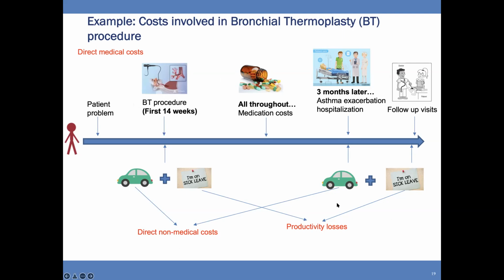As a result, you don't need to go back to hospital often because you don't have exacerbation often. So that's a huge benefit, and you need to take that into account. So this is one example of estimating the cost, where I show you direct medical costs, direct non-medical costs, and indirect costs, or another name for it is productivity loss.